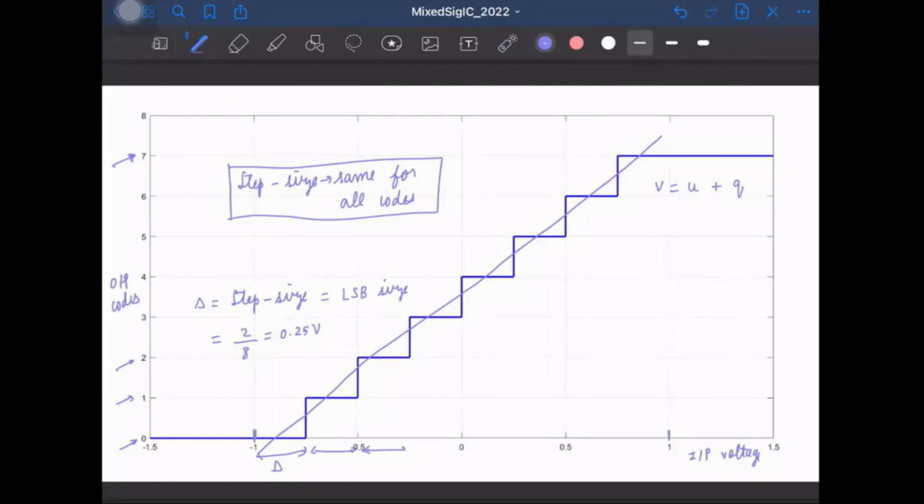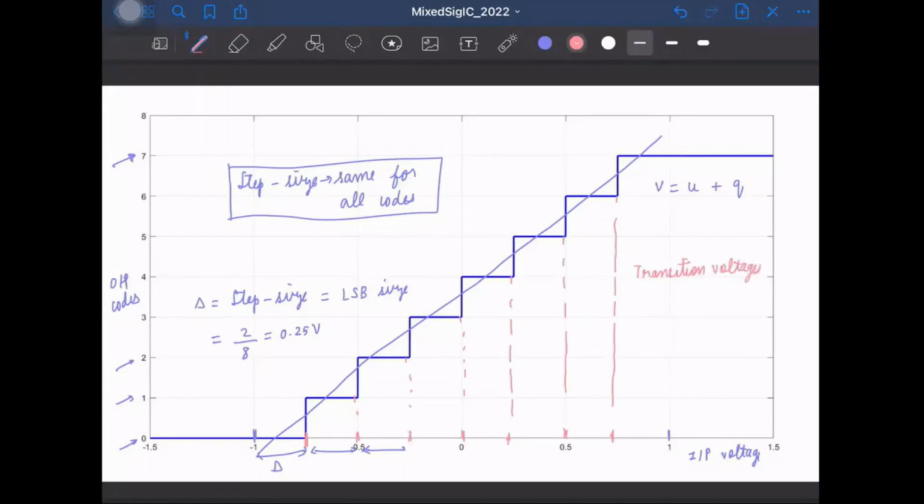And these points where we see abrupt changes in the quantizer characteristic, so these voltages are called the transition voltages. Okay.